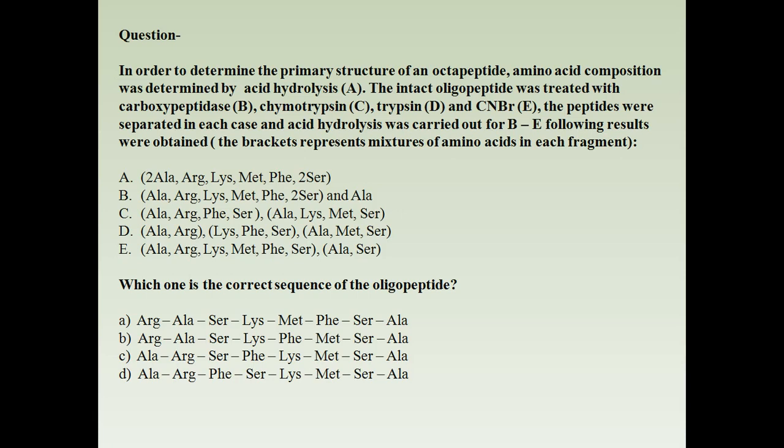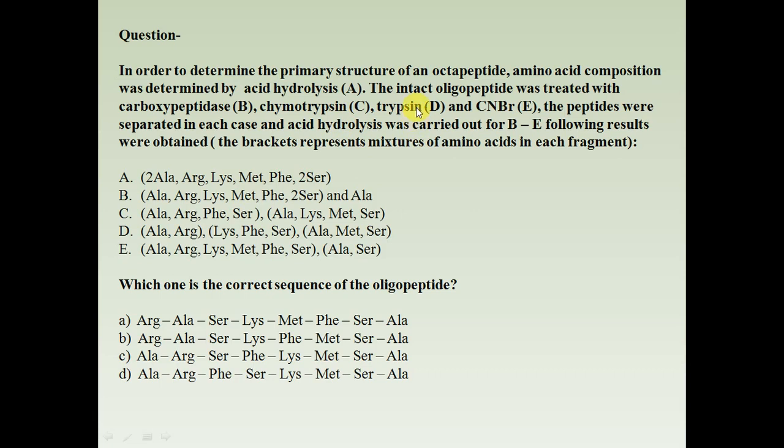So in chain C, you can see this is the cleavage portion, and there is no amino acid which is cleaved by chymotrypsin. There is no phenylalanine, no tryptophan, no tyrosine, no leucine. So you will reject C.